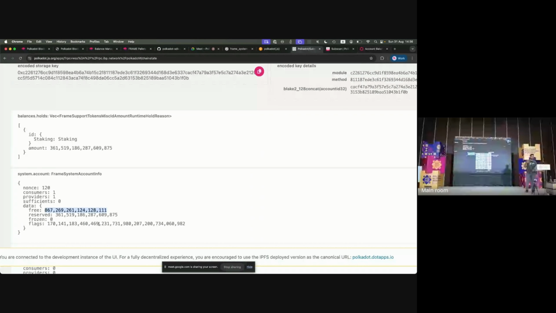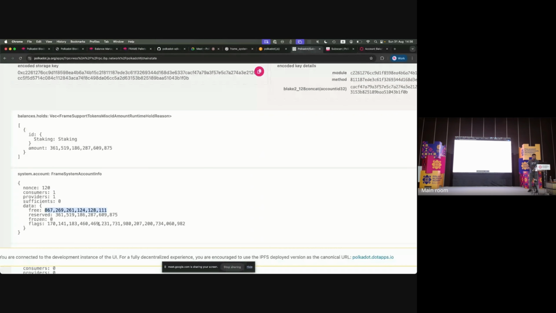One interesting thing that I don't know if I made clear enough: if you look at these values, let's say this account wants 100 DOT to be frozen.